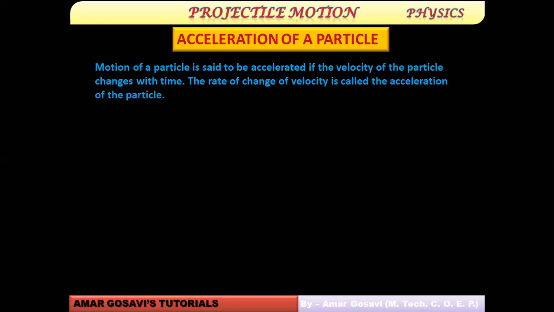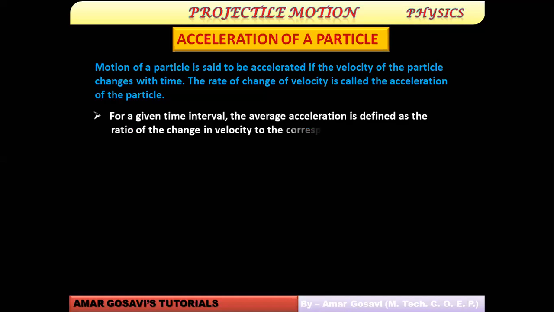Motion of a particle is said to be accelerated if the velocity keeps on changing with respect to time. When velocity changes with respect to time, acceleration is imparted to the particle. The rate of change of velocity is called acceleration.